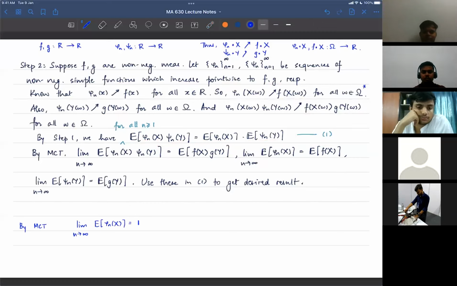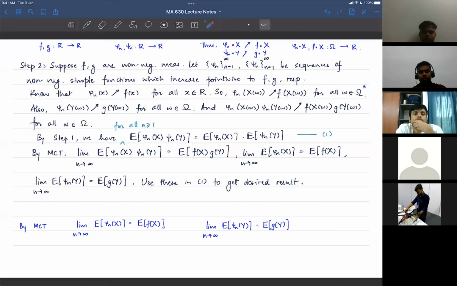This is true because phi_n(X) increases to f(X). Everything is non-negative, so you can use monotone convergence theorem. Similarly, by monotone convergence theorem, the limit as n goes to infinity of expectation of psi_n(Y) equals expectation of g(Y). Again, why is this true? This is true because of monotone convergence theorem.